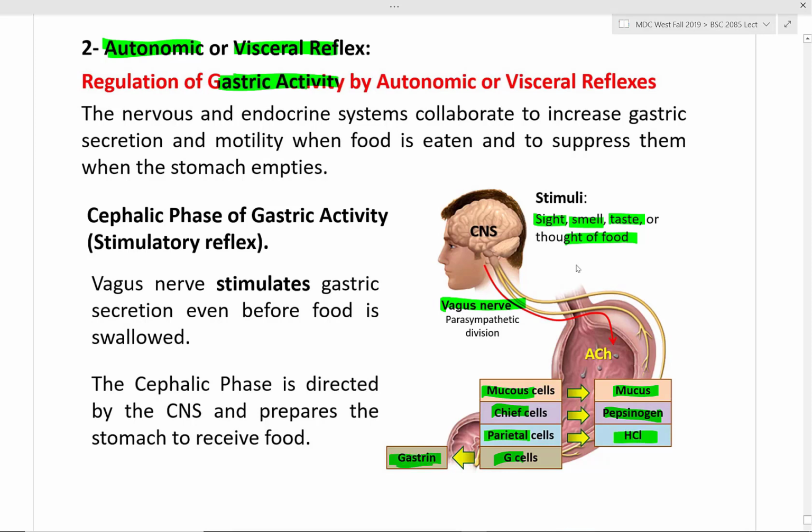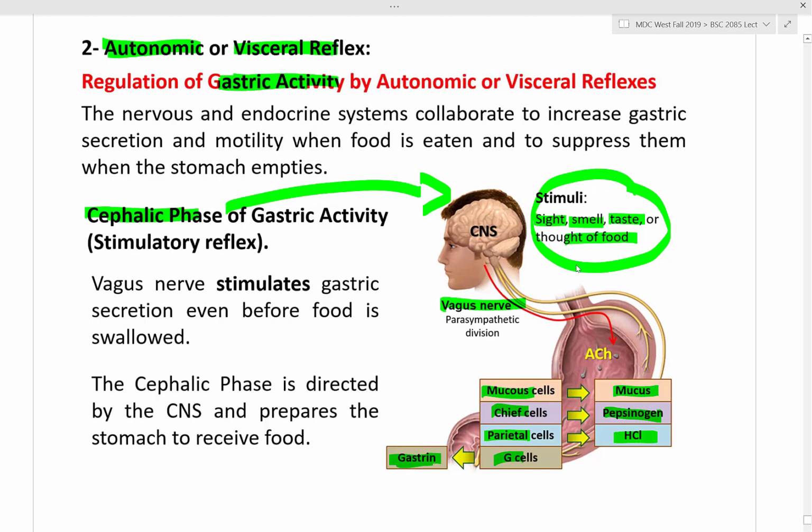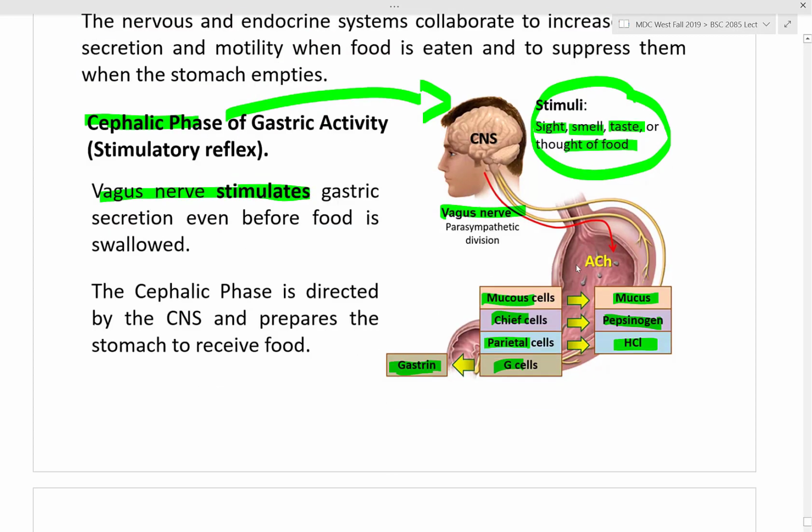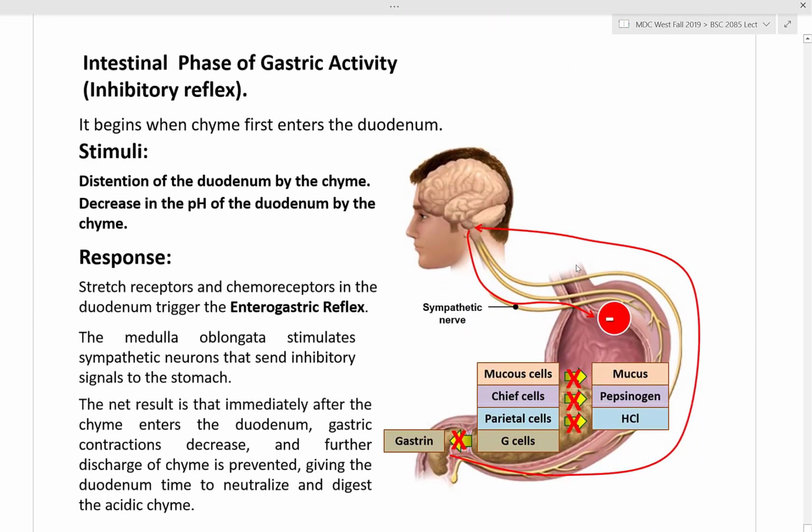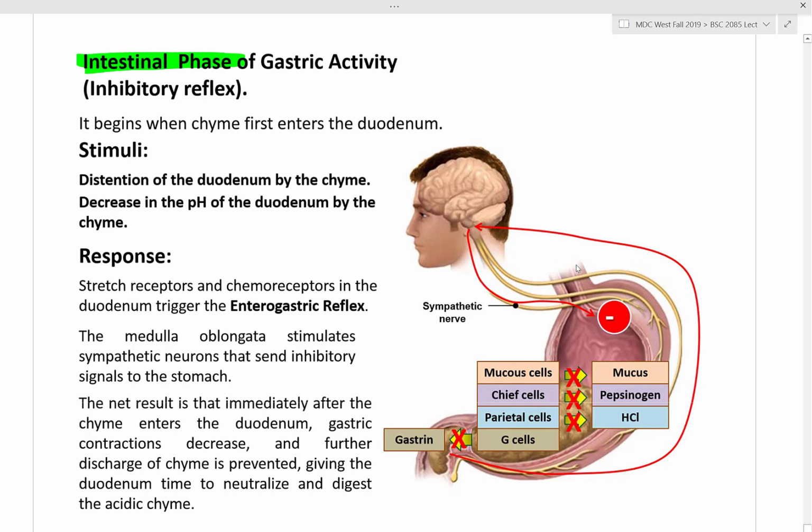So for that autonomic or visceral reflex, you have a cephalic phase, which is the one that we just showed here, meaning the sight, smell, or taste. You have vagus nerve stimulation, which connects the cephalic to the gastric phase. You also have an intestinal phase, through the connection of your vagus nerve as seen before, and you may also have an inhibitory event.